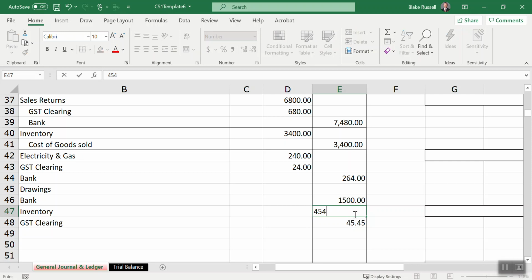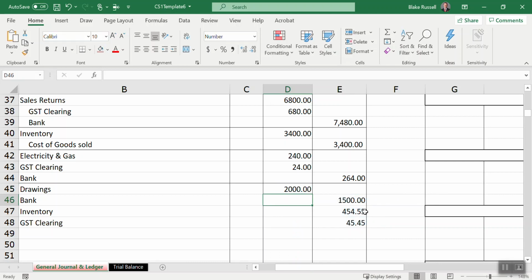So they've taken the GST out of that $500 worth of the inventory. I thought it was a credit, but it seems a bit odd. So then we add these together. It should equal $2,000 in total there. So that one might be a new one for all of you. Found the GST bit there would be trickiest.